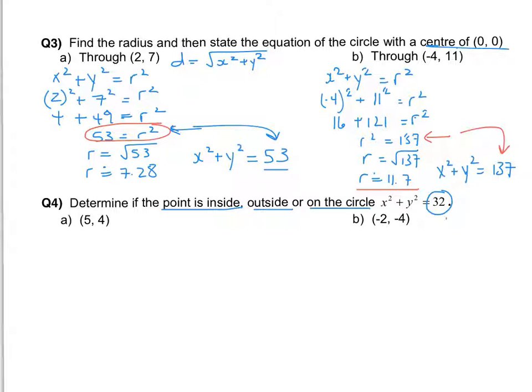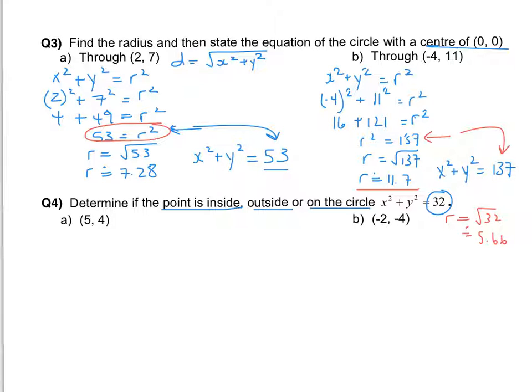Okay, I know that this circle has a radius of the square root of 32. And the square root of 32 is approximately 5.66. My exact answer is the square root of 32, so that will be easy to work with.